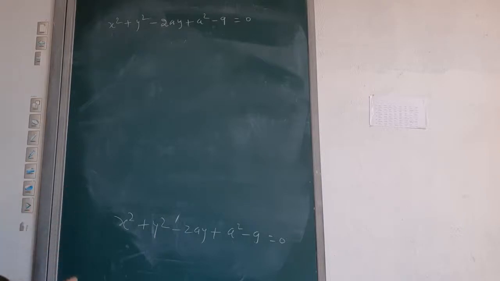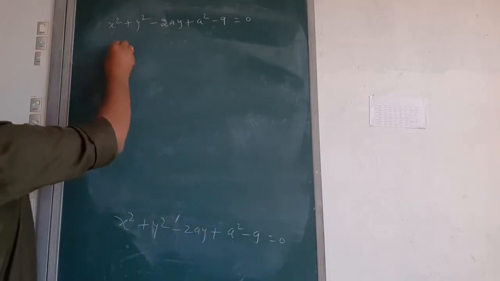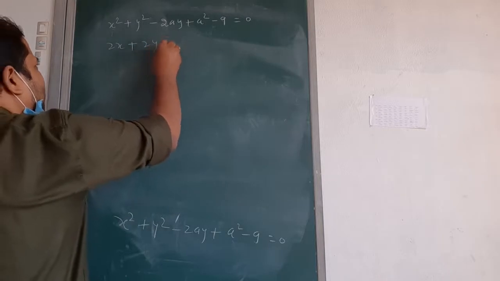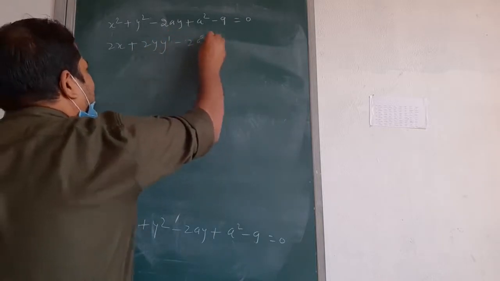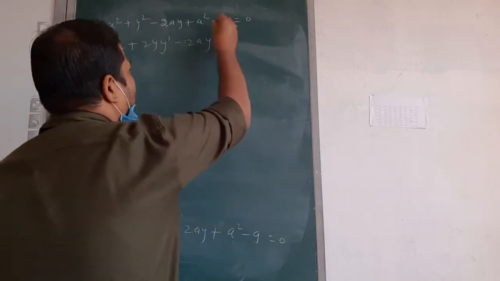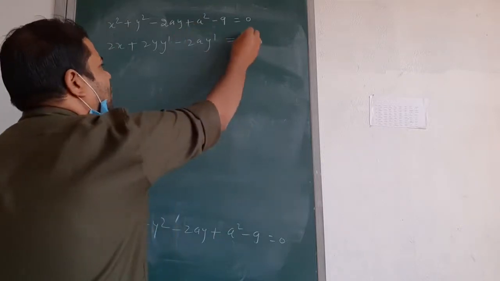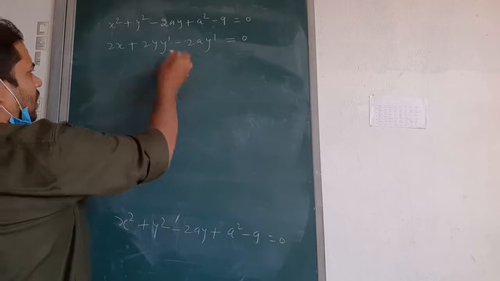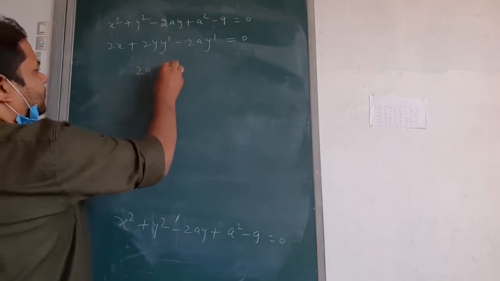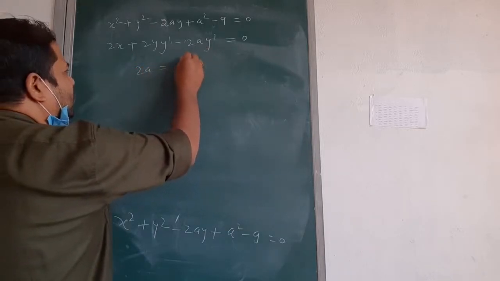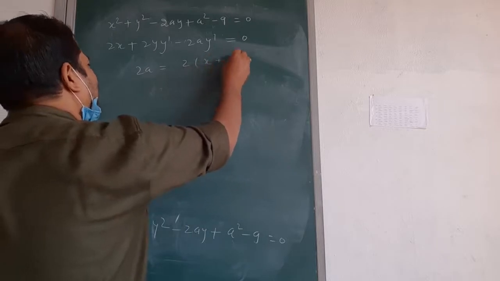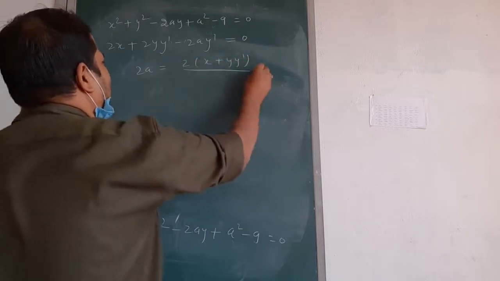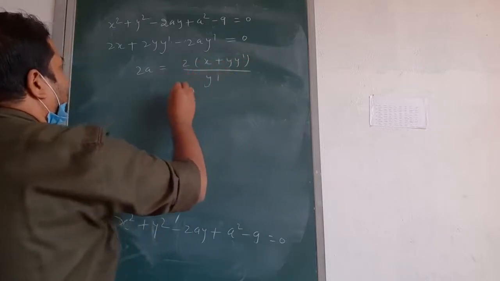We form the differential equation of the first order. So first of all differentiate it: 2x plus 2y y dash minus 2a y dash is equal to 0. So a square minus 9 becomes 0. And now 2a is nothing but (2x plus 2y y dash) divided by y dash, right?